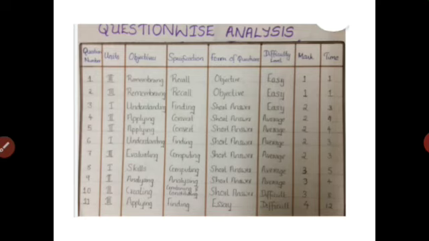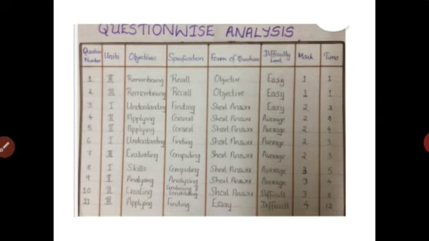And here we have the question-wise analysis table, and you can see in the first column there is the question number, and we have 11 questions in all, and the details regarding each question are given here. The first question is from the third unit.